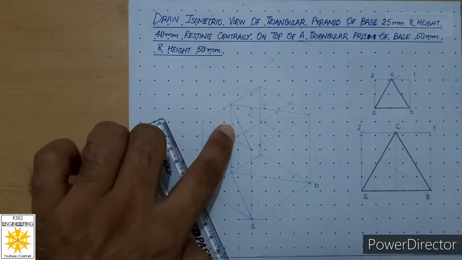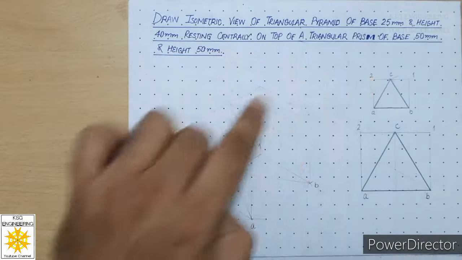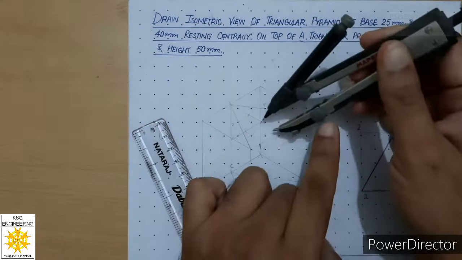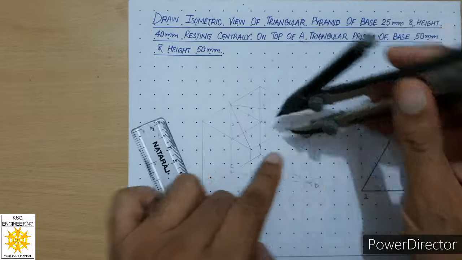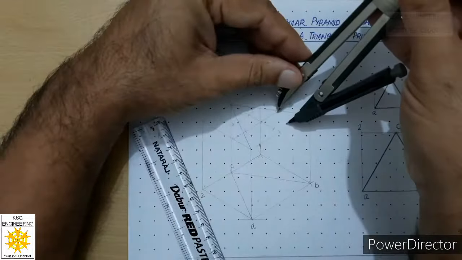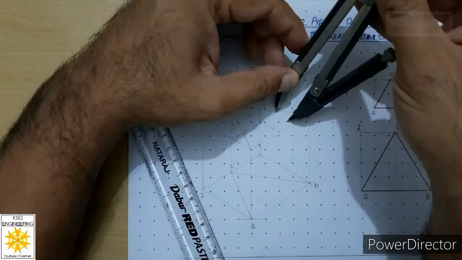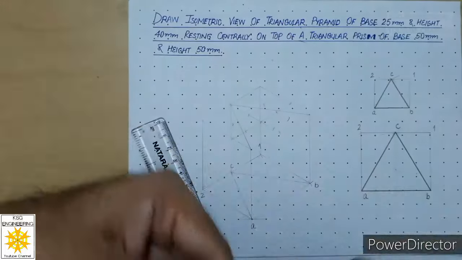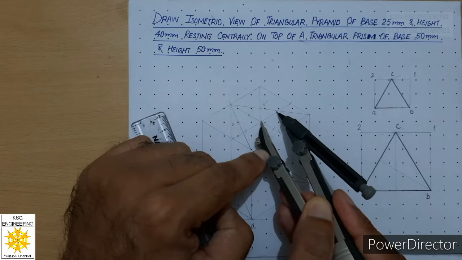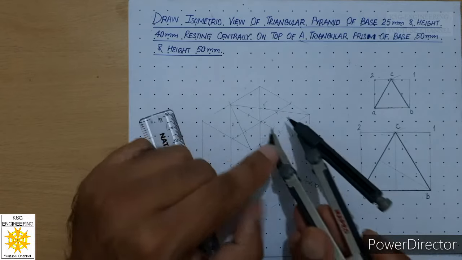So we have generated this corner. Okay, now let us use these 2 points. So measure this distance, it is again 10.5, and mark from opposite point. Then measure this distance, which is 12.5, and mark from opposite point.